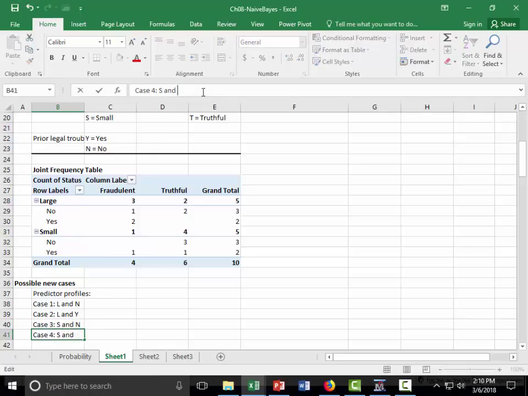I just want to keep it in the same order.